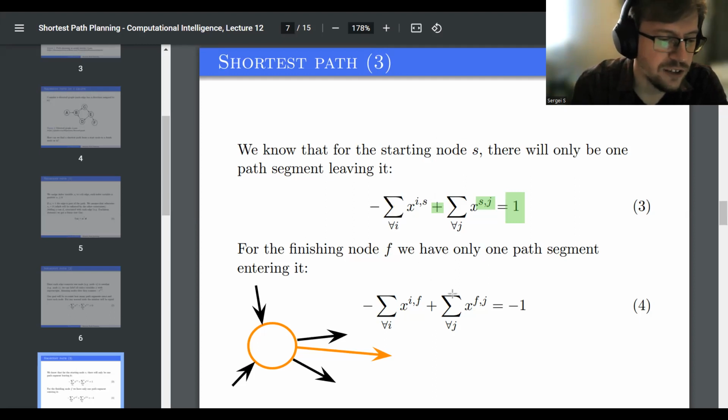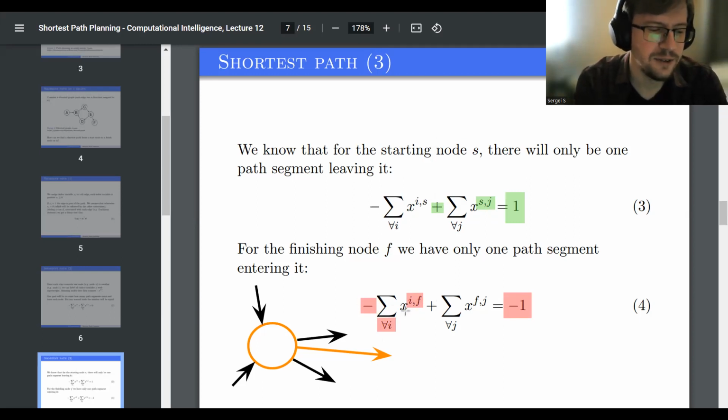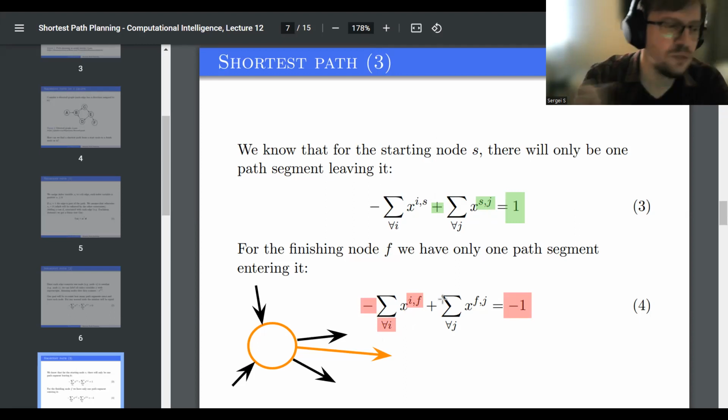All right, for the final node, you have the same exact situation, but now you have -1 as a sum. So for the parts which are entering it, from the node number i to the final node F, you have to have one more path segment entering the final node, as opposed to the number of segments that leave it.